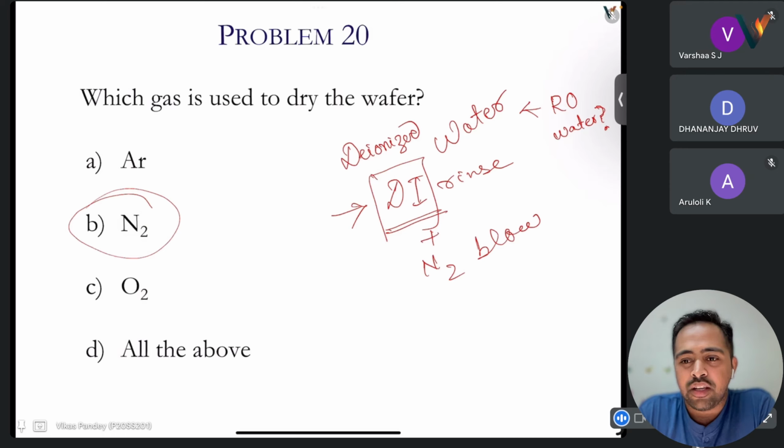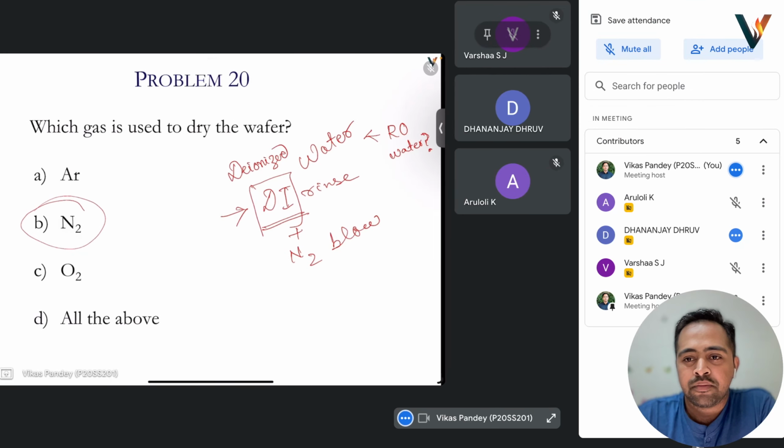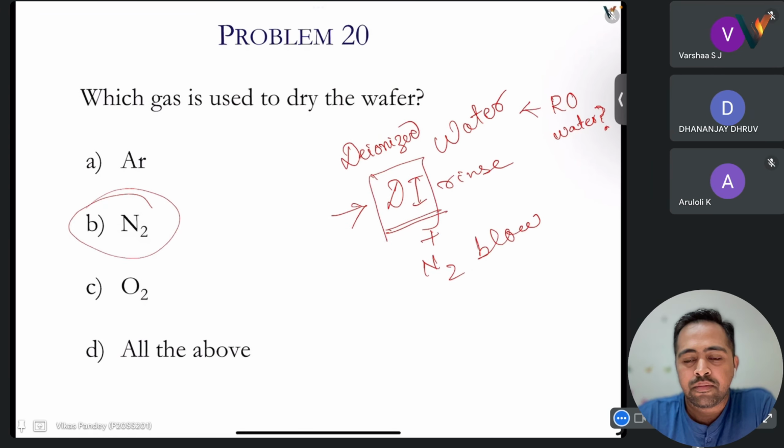Versa, Aruloli, anyone? Yes, Versa, are you there? Yes, sir, but I'm not sure. Okay, you can attempt, not an issue. You can try whatever is coming to your mind, then we can discuss.